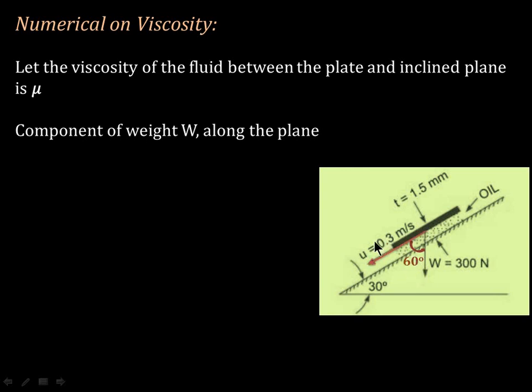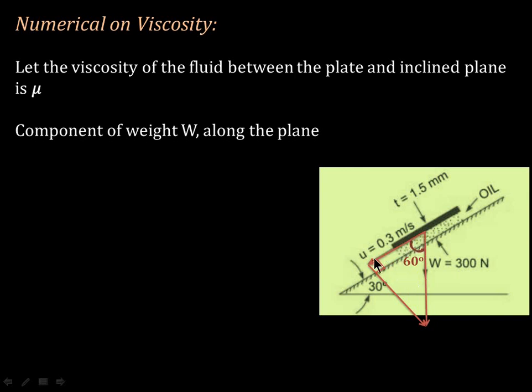If we are interested in this particular component of force along the movement of the square plate, let's make a right angle triangle. The component of weight W, which has a downward direction, W is equal to 300 Newton.